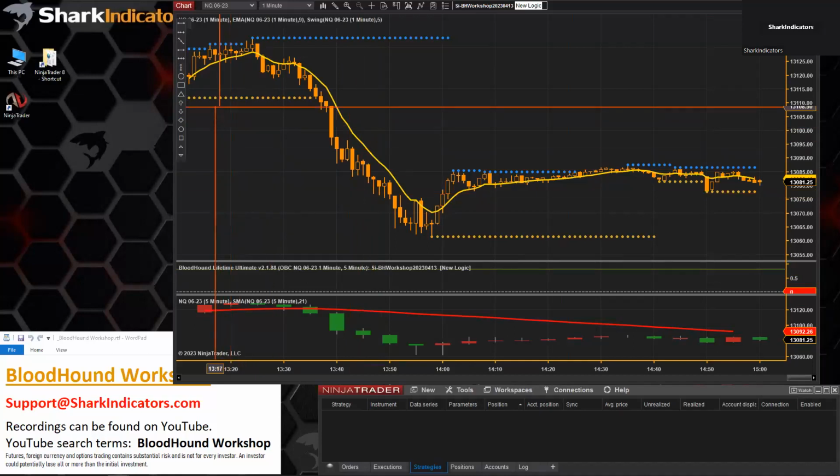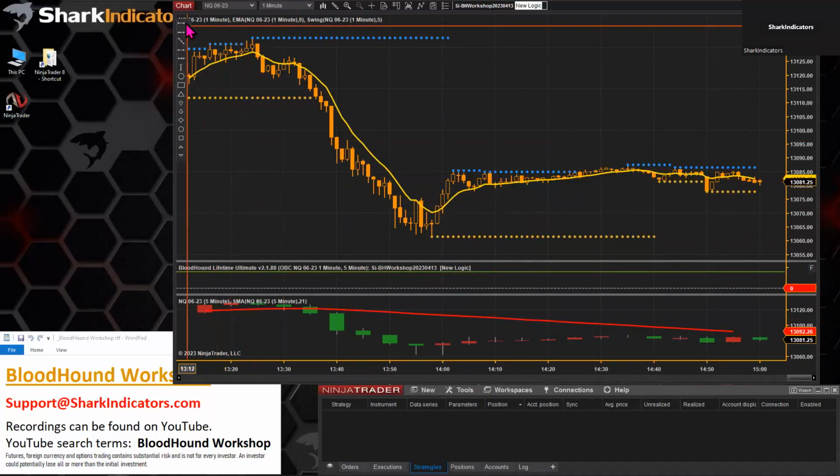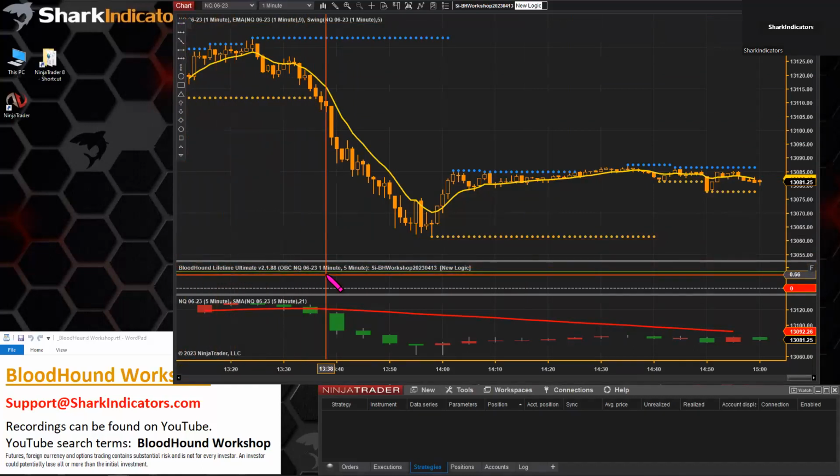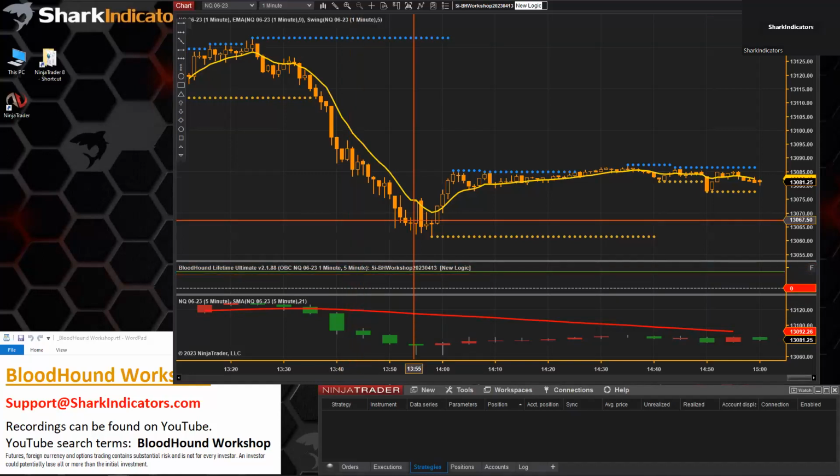And then you'll notice in the label here for BloodHound, we have the 1 minute time frame, and we also have the 5 minute time frame included with BloodHound. That's why we had to reload the chart, so that NinjaTrader would include the 5 minute time frame within the indicator.